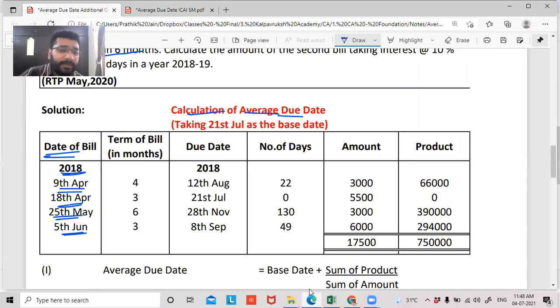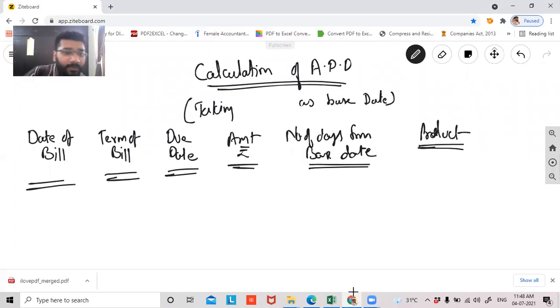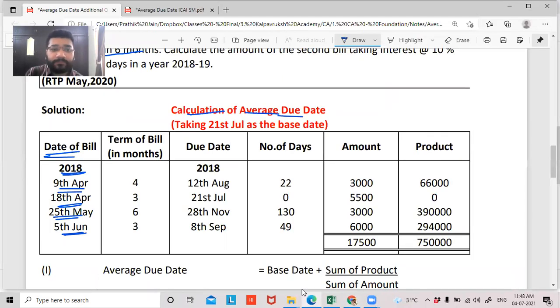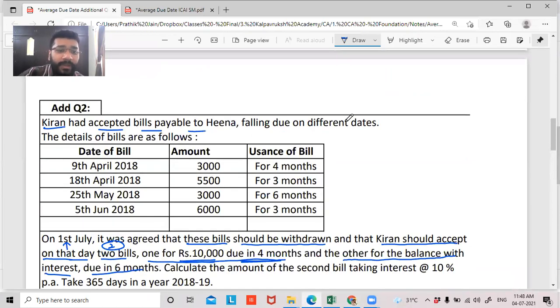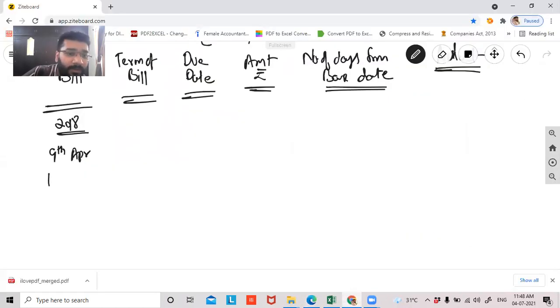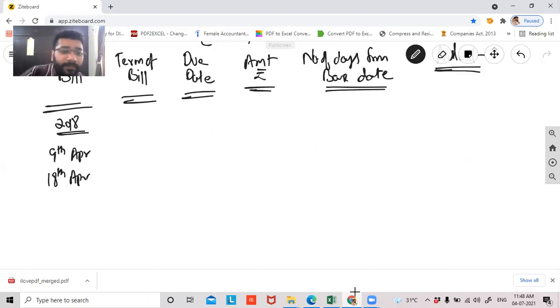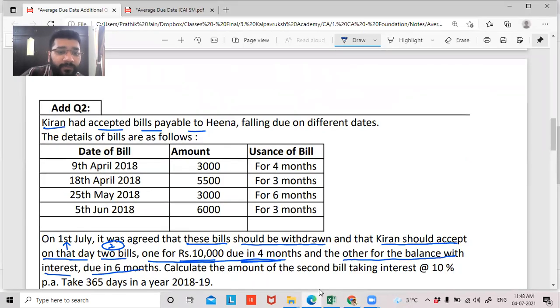What is the date of the bill, guys? It is 9th April 2018, 9th April, 18th April, 18th April, 25th May, and 5th June.